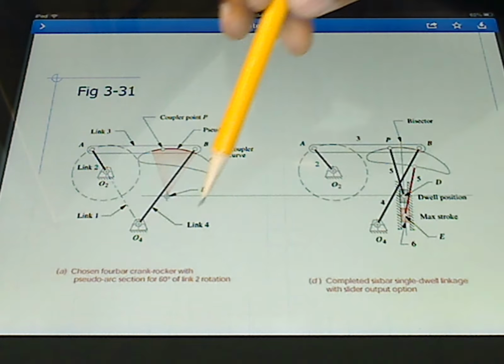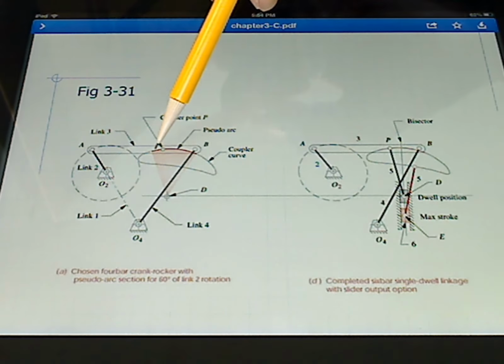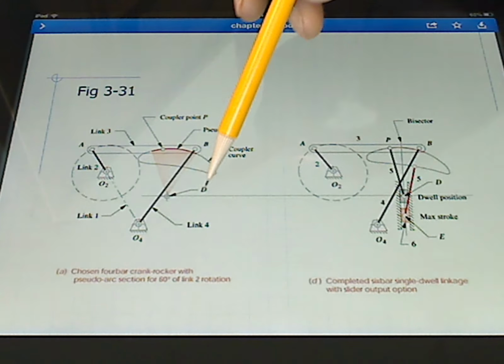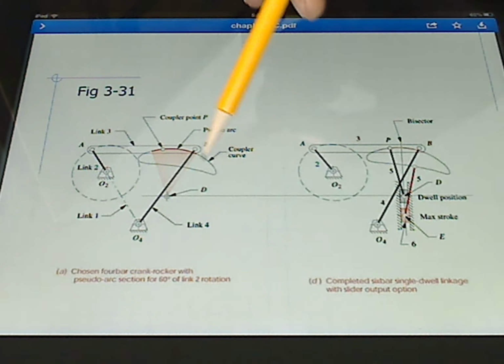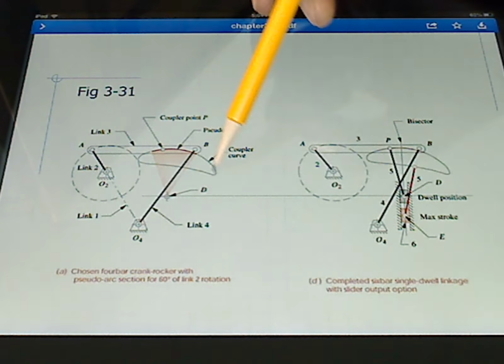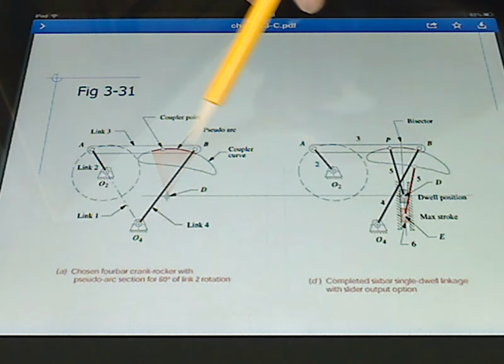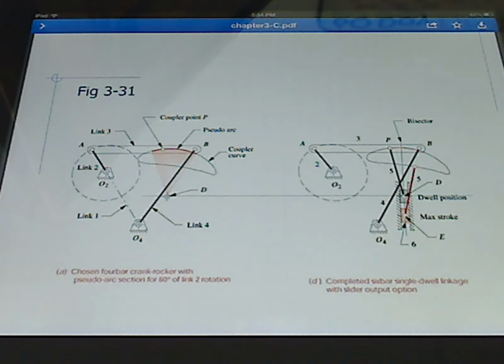If you were doing this on a computer, you'd be taking circles and making them larger and larger, seeing how much of their circumference would be used by this particular coupler curve. Your goal is generally to make sure that there is a dwell for a certain amount of crank rotation.